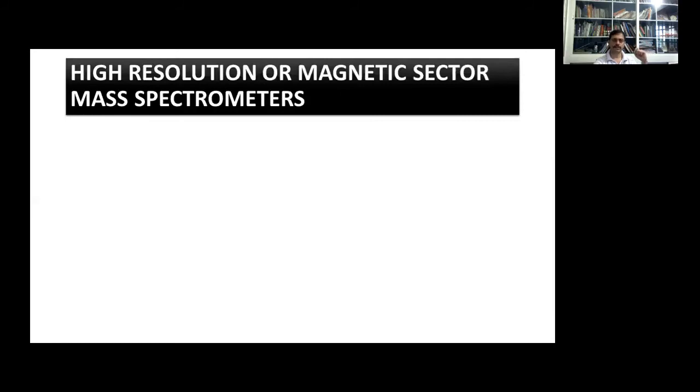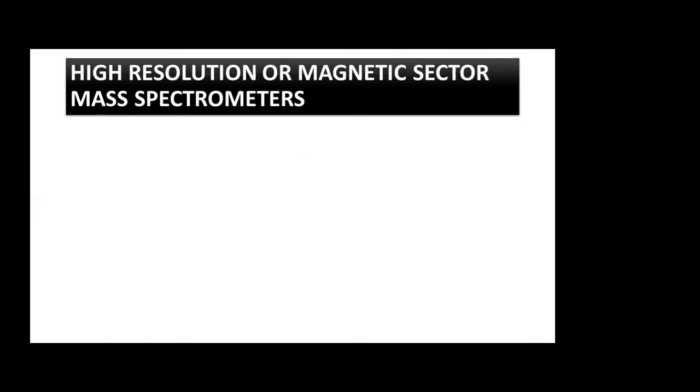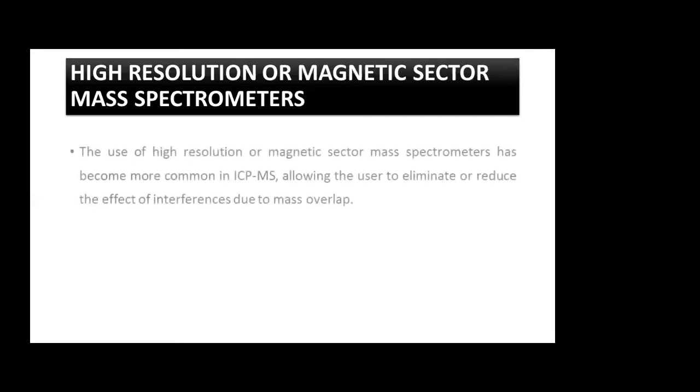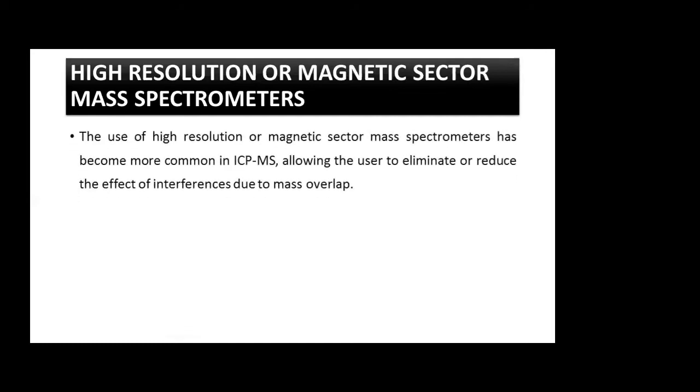Now let us talk about an advanced type of mass spectrometer, that is HR, or high resolution, or magnetic sector mass spectrometers. The use of high resolution or magnetic sector mass spectrometers has become more common in ICP-MS, allowing the user to eliminate or reduce the effect of interferences during mass overlap.